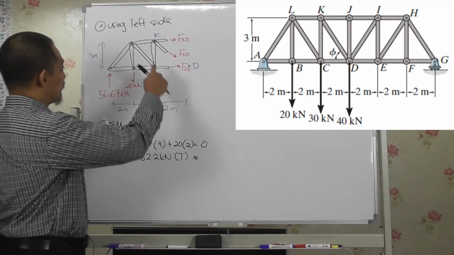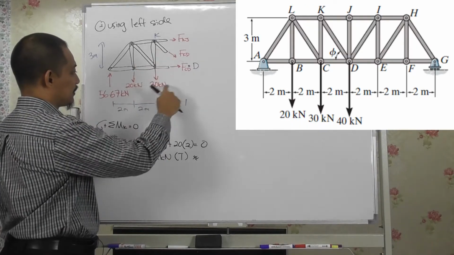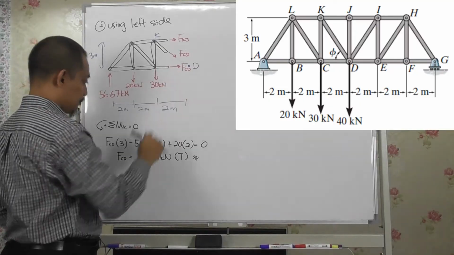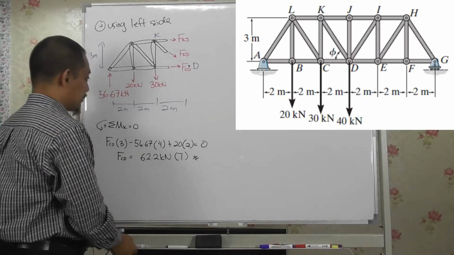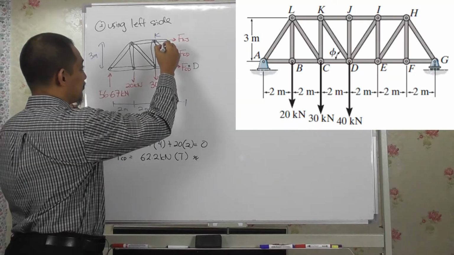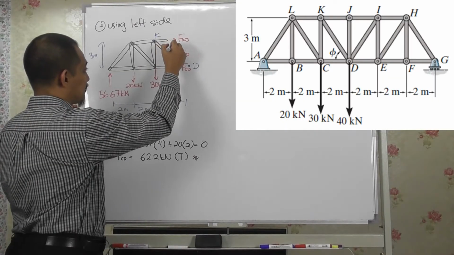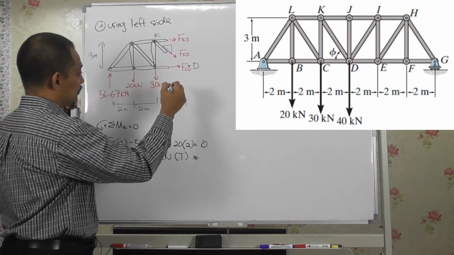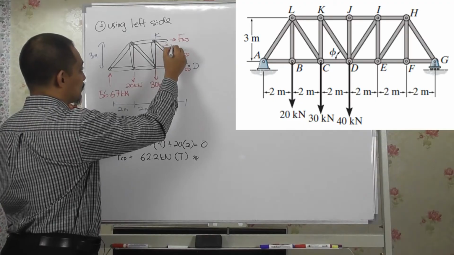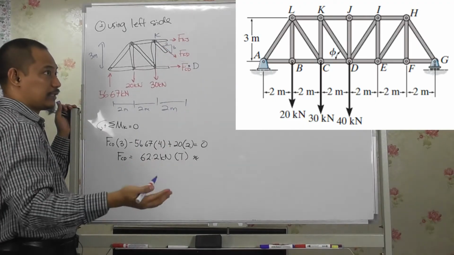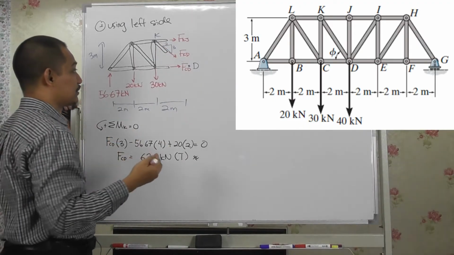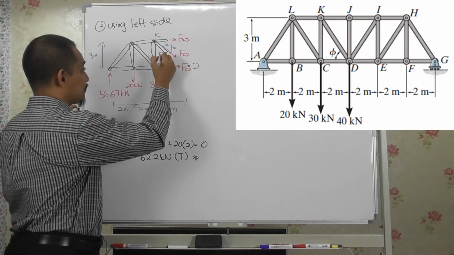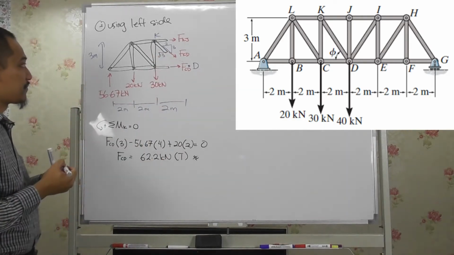Given that this height is 3, this length is 2, the triangle that it makes, this is 2, this is 3, so 9 plus 4 is 13, so square root of 13 here, right? That is the triangle.